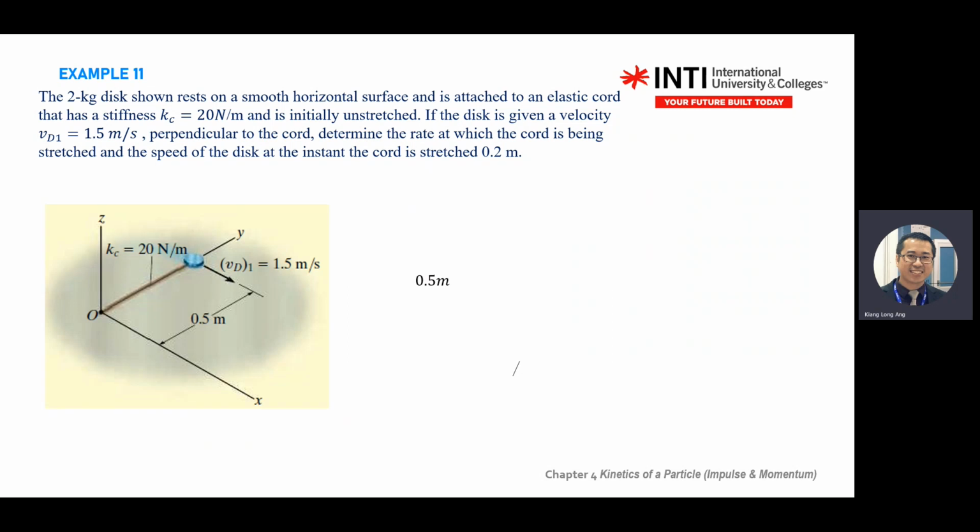If the disk is given a velocity of 1.5 perpendicular to the cord, determine the rate at which the cord is being stretched and the speed of the disk at the instant the cord is stretched 0.2 meter. So you need to find the speed of this one when the cord is stretched 0.2 meter. Given z, y, x, this one spins this way.